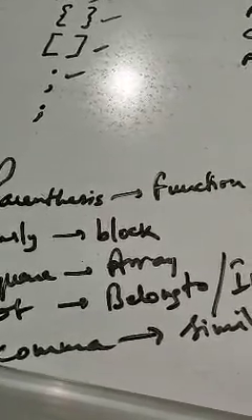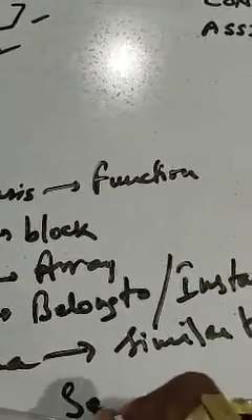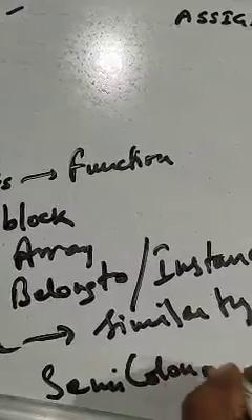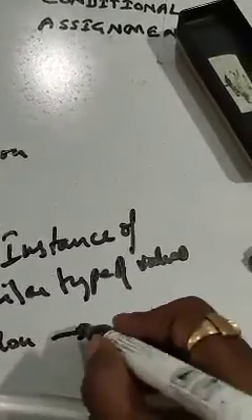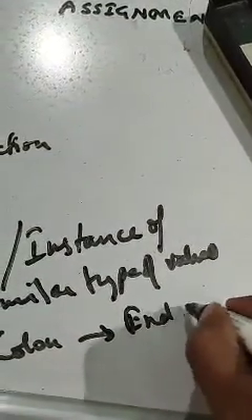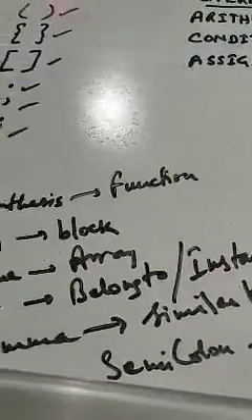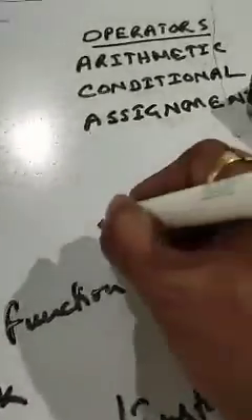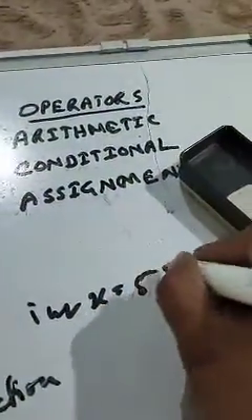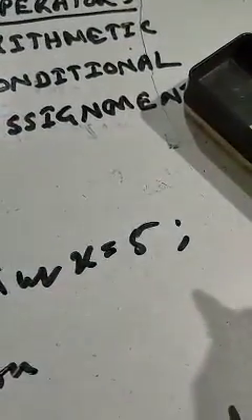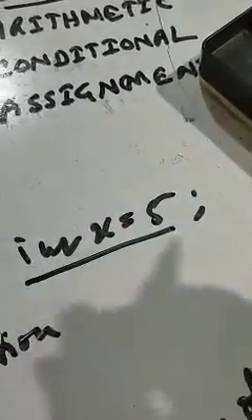Then we have the semicolon. Semicolon means end of statement. Whenever we write, for example, int x is equal to 5 and then write a semicolon, you have noticed me writing here. This semicolon indicates that this statement has ended here.